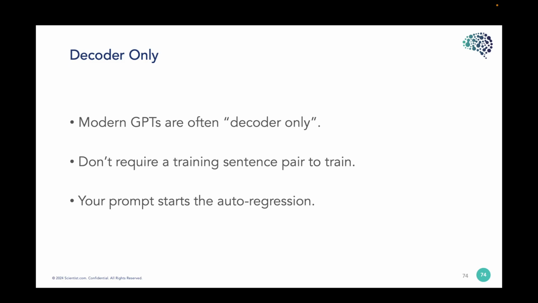And that goes straight into the decoder, and then it's just predicting tokens that would come after your prompt. And that's how you use a decoder-only transformer. And that's what GPT-4 is, that's what Claude is. I'm sure there's a lot of other changes they've made, but they're decoder only.